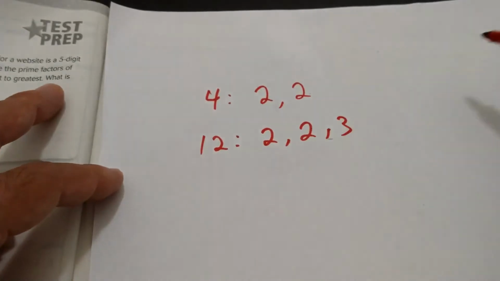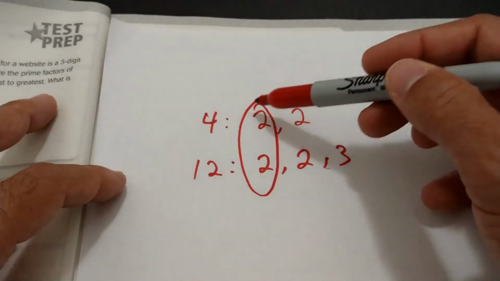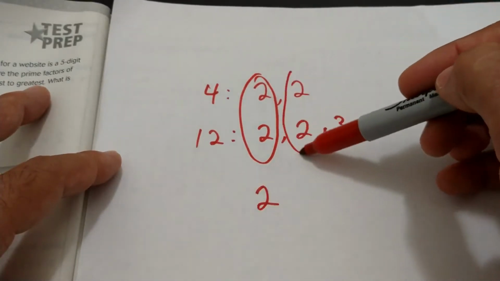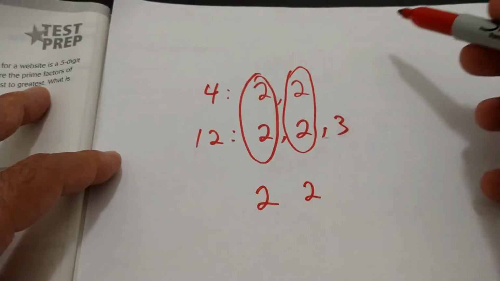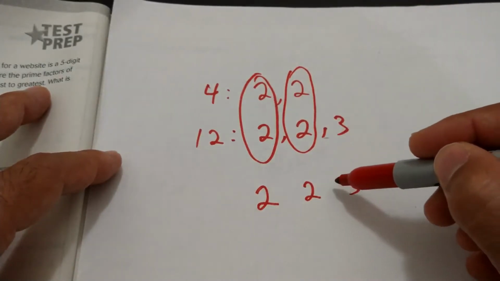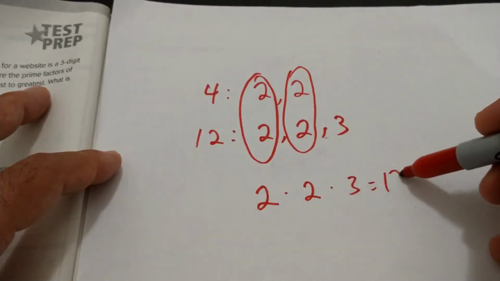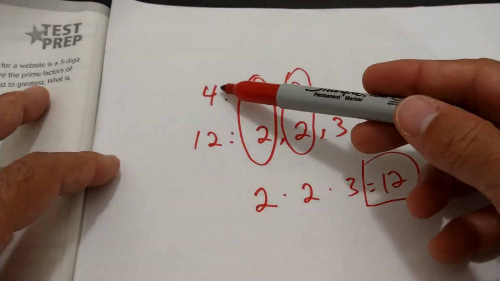From this match, I just select one. From this other match, I just select one. And then this 3 doesn't have any partner, so it has to go. So 2 times 2, 4 times 3 is equal to 12. So 12 is the LCM for 4 and 12.